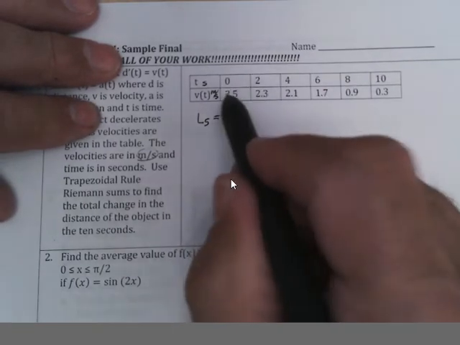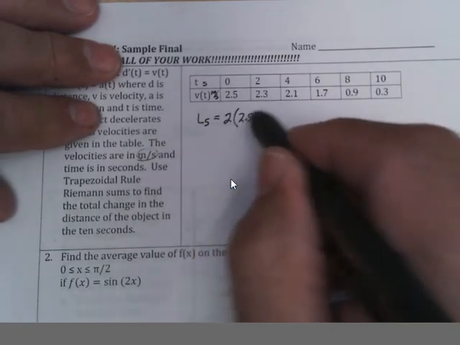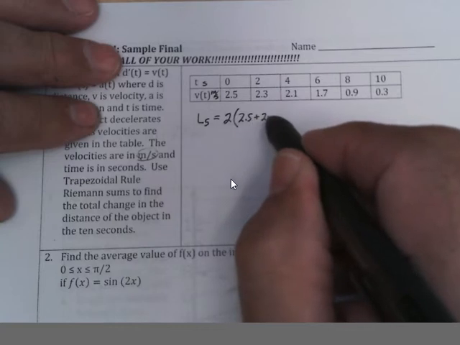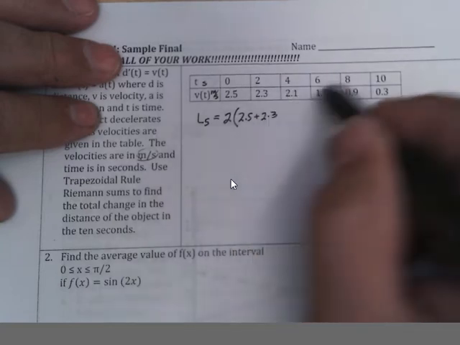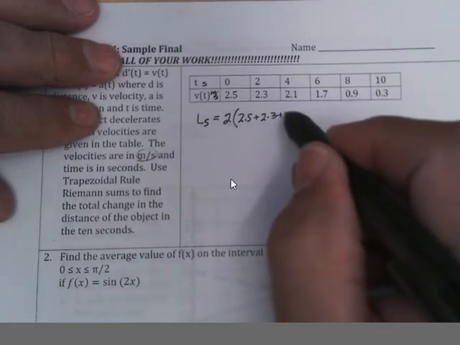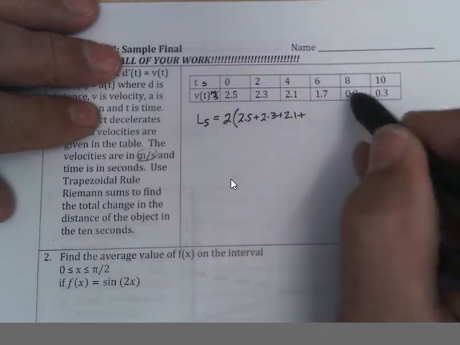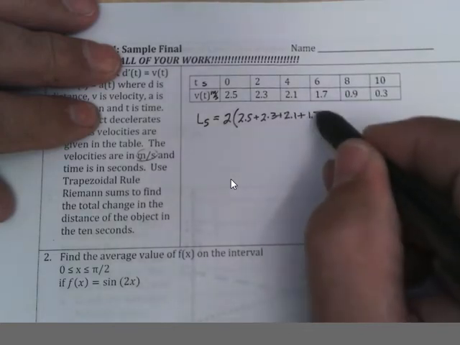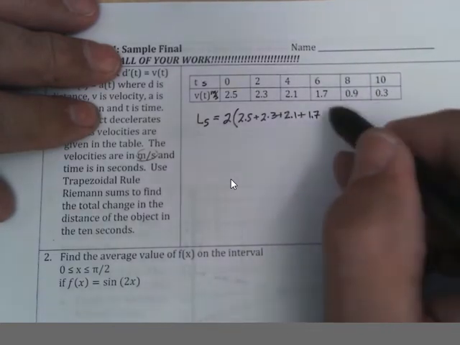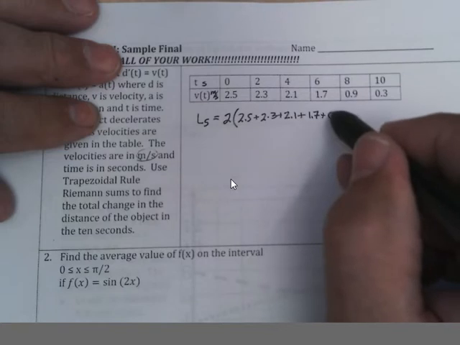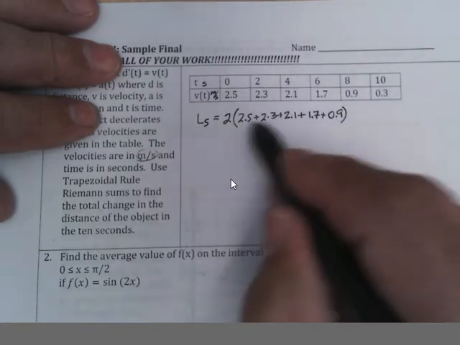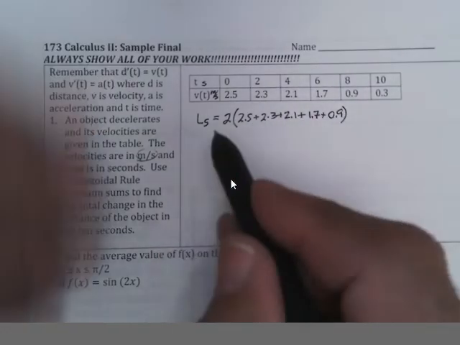So of this interval, that's the 2.5 plus the 2.3 is the left side of this, and the left side of this one is 2.1, plus the left side of this one is 1.7, and the left side of this one is 0.9. 1, 2, 3, 4, 5.